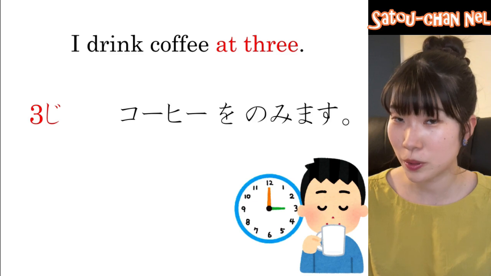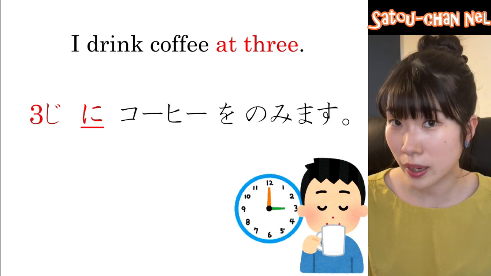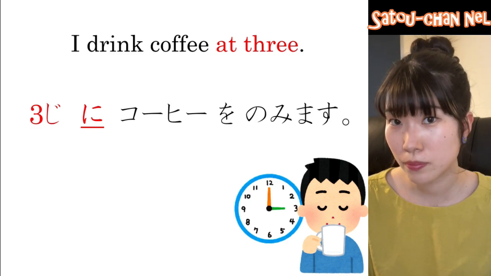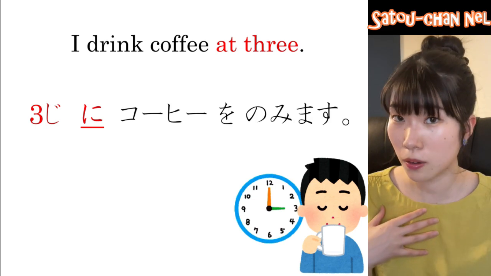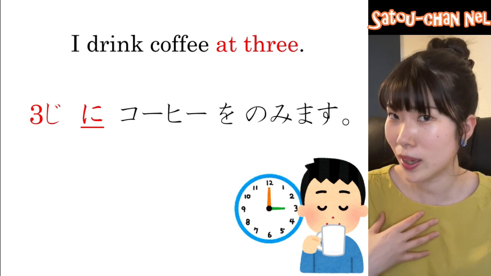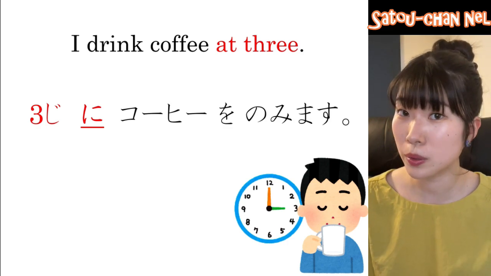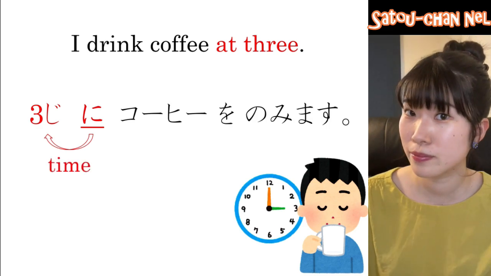Now it's time to use the particle に. The particle に indicates the time when the event takes place, or when you do the action. I drink coffee when? At 3 o'clock. So this particle に indicates the time when you do that.